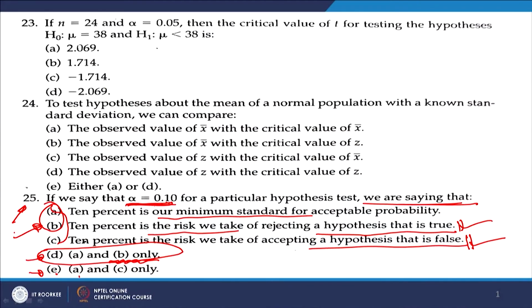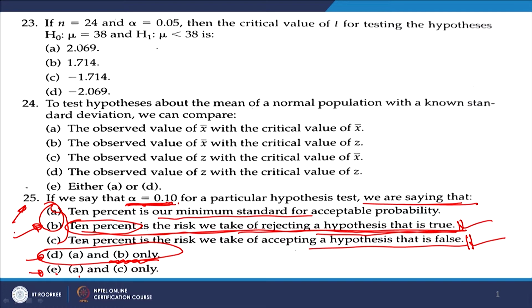As in one of the previous examples, we have said alpha is equal to 10%, or 0.10. So, what we have said is that 10% is the risk we take of rejecting a hypothesis that is true. Would you like this percentage to be more and more or less and less?